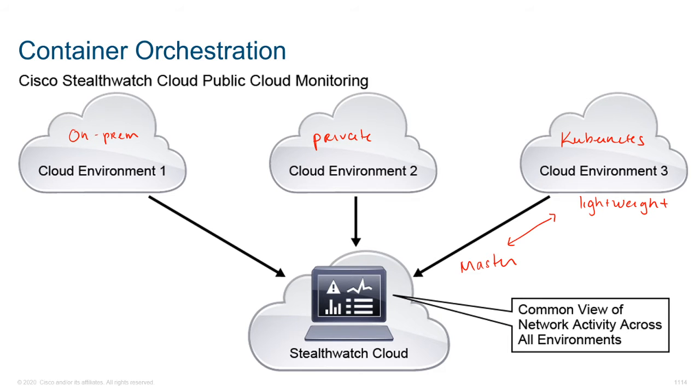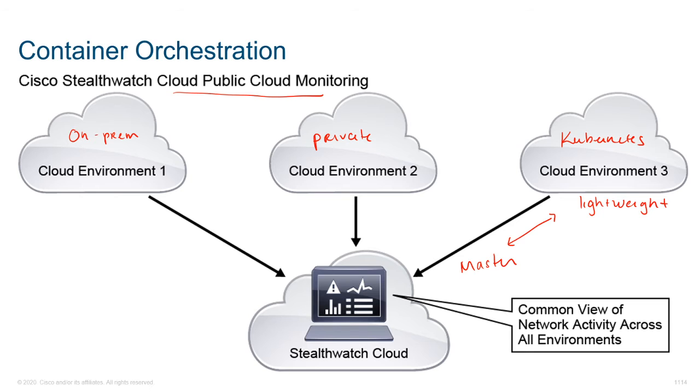Now, as one of the mechanisms that we're going to look at in some of the future topics, we do have some public cloud monitoring that might help in some of these areas.